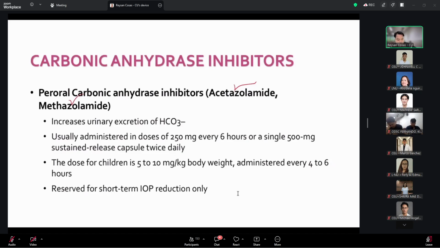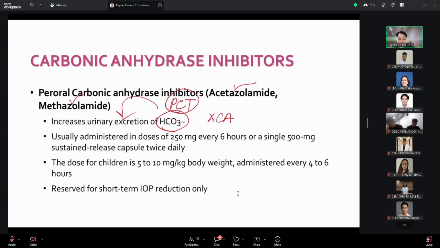Okay, particularly in the proximal convoluted tubule or the PCT, wherein they increase the urinary excretion of bicarbonate by inhibiting carbonic anhydrase. So, tandaan niyo po, when they are taken systemically, they also act in the kidney, therefore increasing the urinary excretion of bicarbonate.